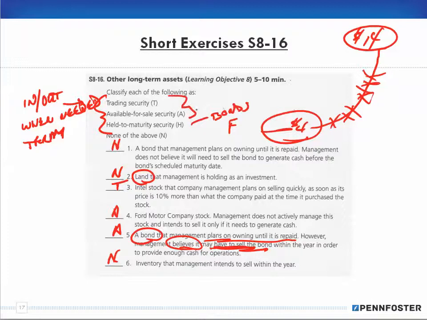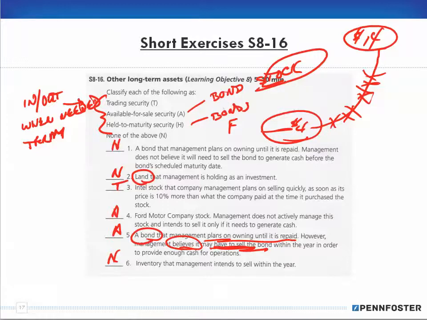Available for sale could be a bond or stock, but it's more often stock. All right, when you buy bonds, because the interest rates on bonds are so slow moving, they usually end up being held to maturity.